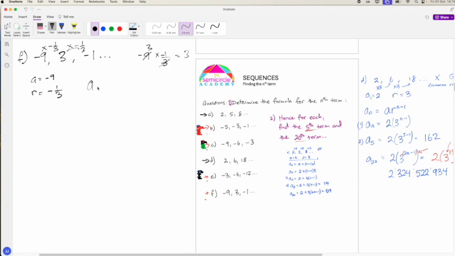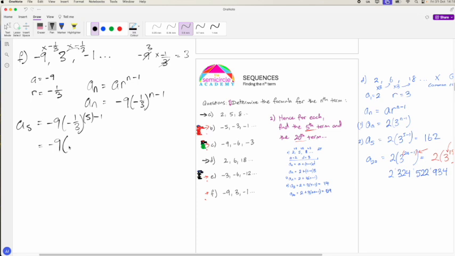So now a n is a r to the power of n minus 1. A n will be negative 9 times negative a third to the power of n minus 1. So now we could find a5, which is negative 9 times negative a third to the power of 5 minus 1.